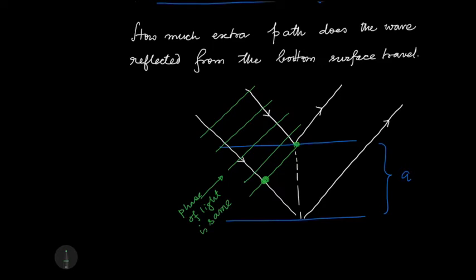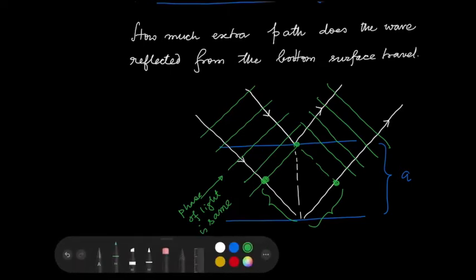Now you see that the extra path that the bottom ray will travel is this much while getting reflected, and after reflection, again, these are my wavefronts, so this much will be after reflection.